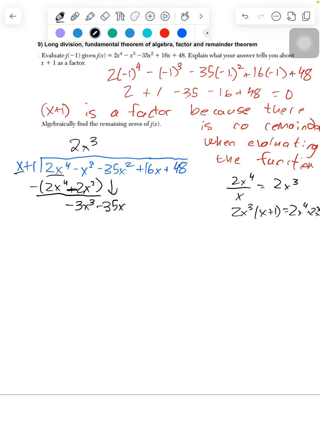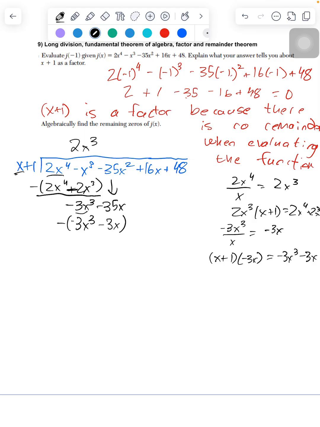All right. Now leading term divided by leading term. Negative 3x cubed over x equals negative 3x. Multiply that by the divisor. I'm going to get negative 3x cubed minus 3x. All right, so minus this whole thing, minus negative 3x cubed minus 3x.